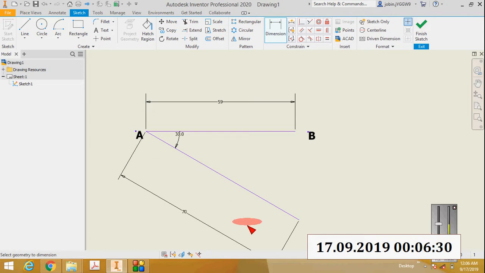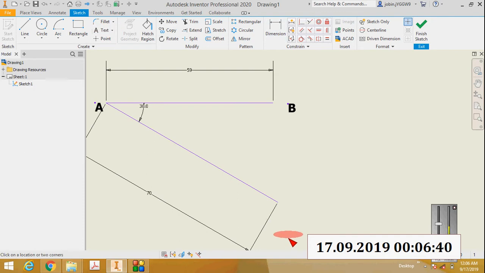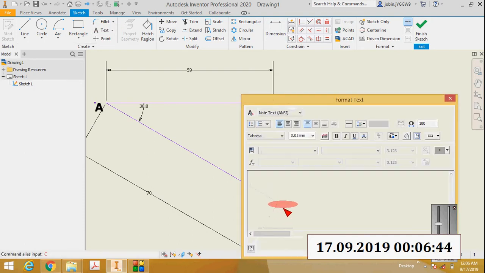This length is 70 millimeter. Now name this line AC. Name this point as C.